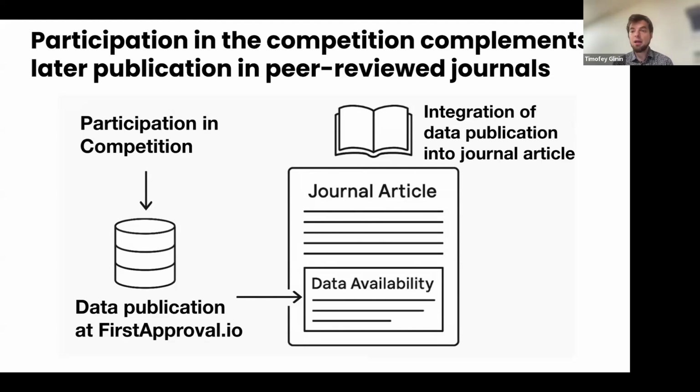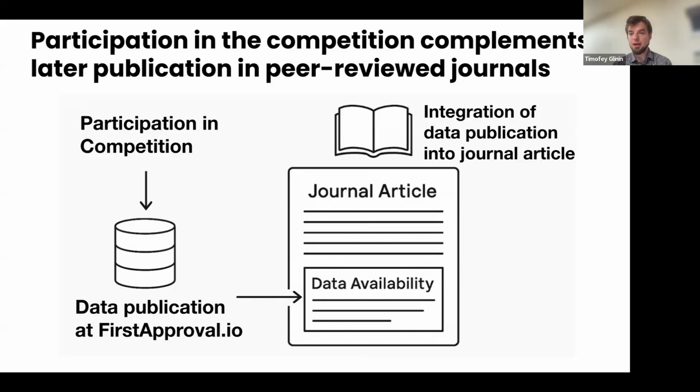The other situation is if you haven't previously published the analysis of the results of your data set. You still can publish and participate in the competition, submit your data set, and next, when you prepare a journal article in a peer-reviewed journal, you need to put information about this dataset repository location into the data availability section.